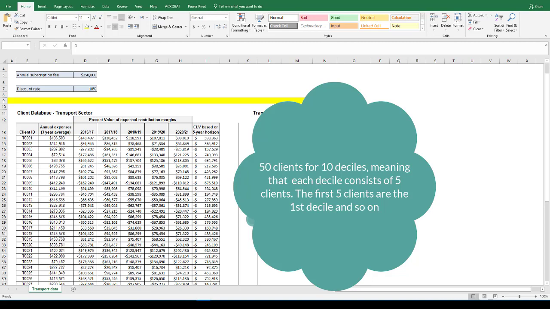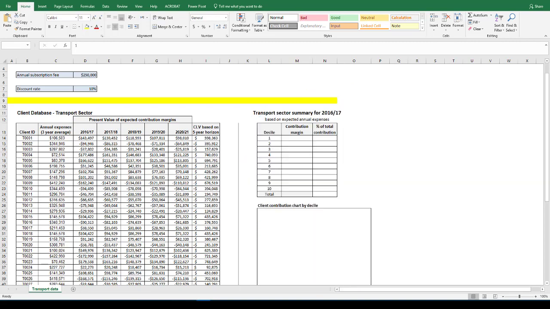The very first thing that I want to do is to rank customers based on their CLV. We want to first rank customers and then classify these 50 customers into 10 deciles, get the contribution margin for each decile, and based on the decile's value, implement some strategies for each decile.